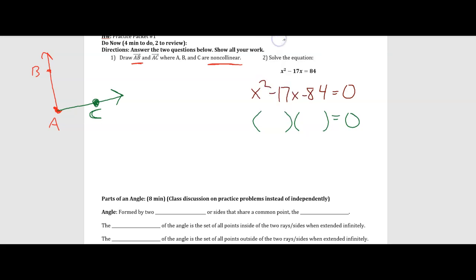So my factor sum chart, I am looking for factors of negative 84 that sum to negative 17. So 84 is a fairly large number to find factors of, but you can break it down. Sometimes what I like to do is just think of the small numbers and think about what you need to multiply those by. So for instance, 2.